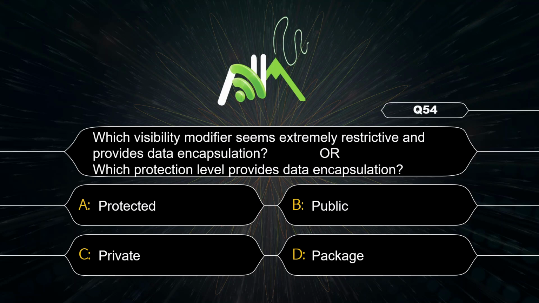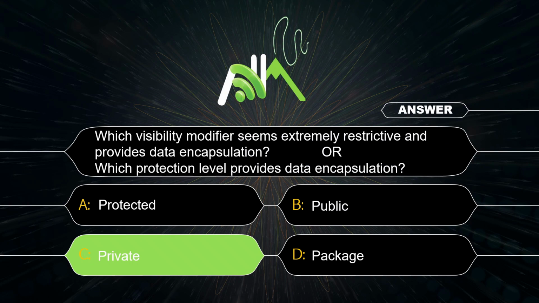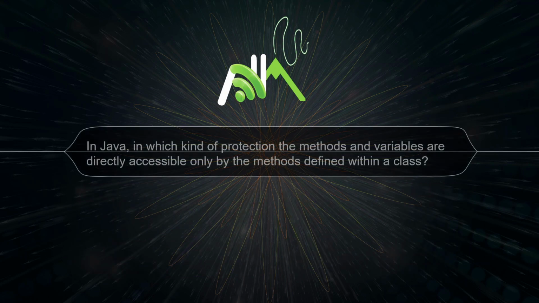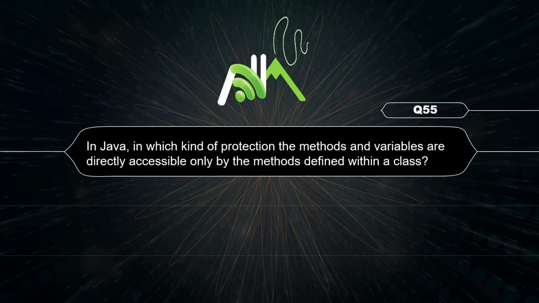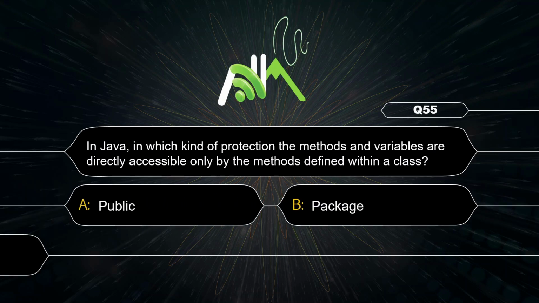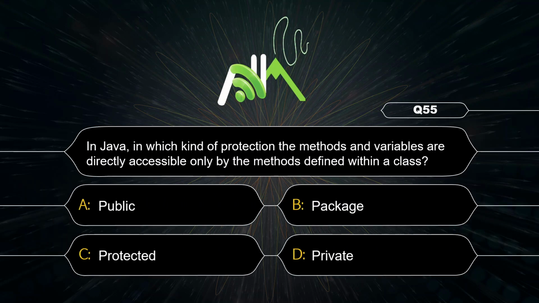Option C is correct here. Protection, the method and variable are directly accessible only by the methods defined within a class. So the correct answer is private. It can't be accessed outside that class, only by that class.